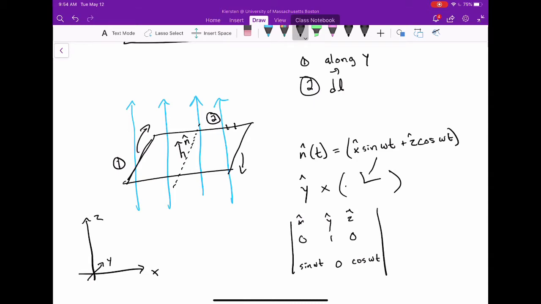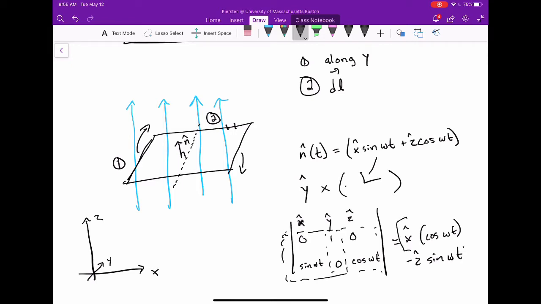And if we do this determinant, we're going to get x hat cosine omega t from this little square. And over here, we're going to get minus z hat sine omega t from that little square. So that is the unit vector along dl for that side.